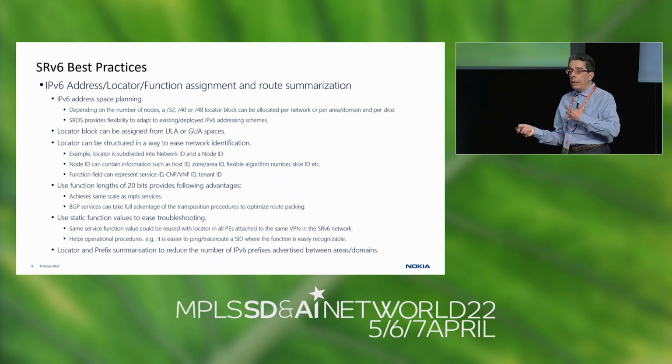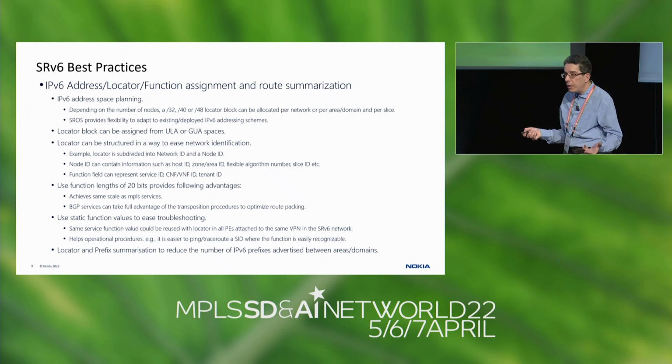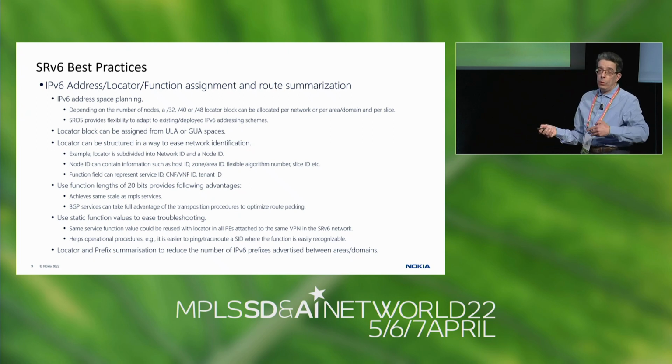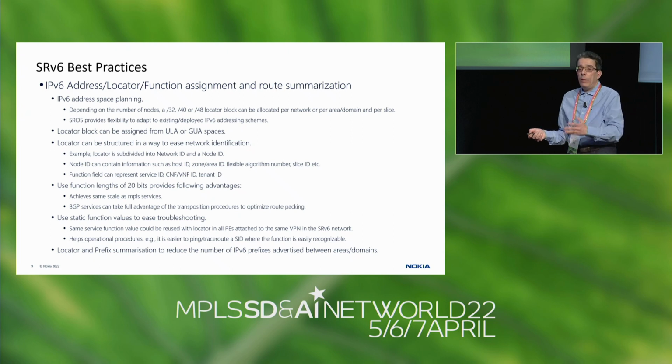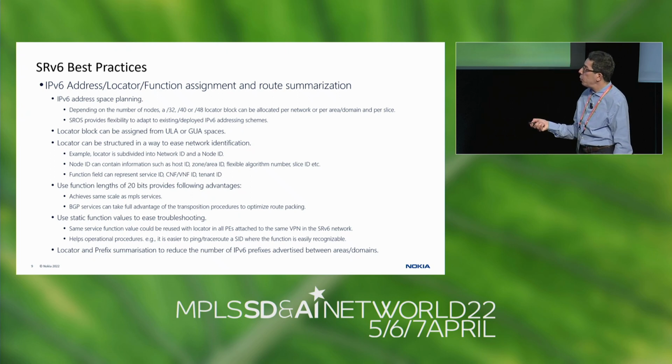For instance, if you have a dual-homed service, function, application, CNF, or VNF, you could use the same function on two routers. But those two routers, or two access leaves, have different locators, so they don't get confused. And then of course you can do prefix summarization to reduce the number of IPv6 prefixes advertised between areas and domains.